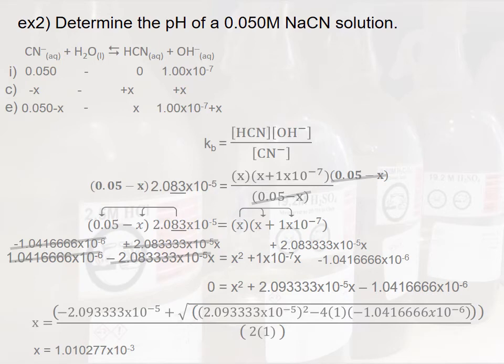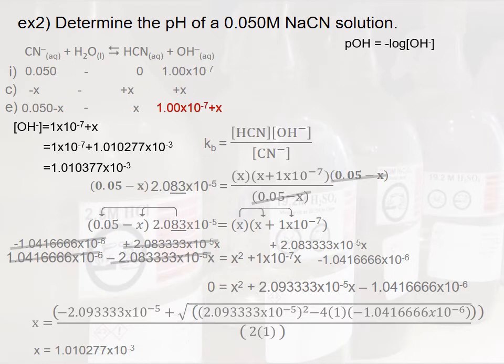So the OH minus concentration at equilibrium is 1.00 times 10 to the negative 7 plus x. So OH minus concentration, we'll add x to 1 times 10 to the negative 7, and that gives us 1.010377 times 10 to the negative 3.